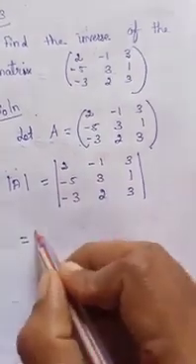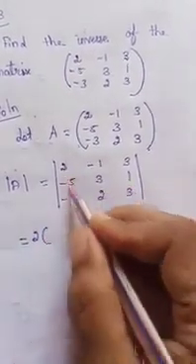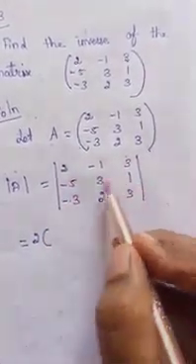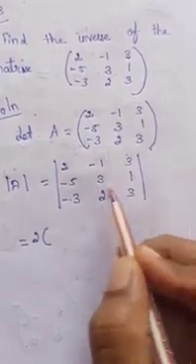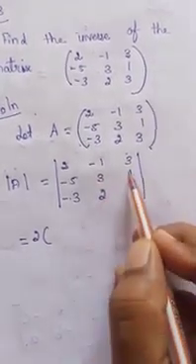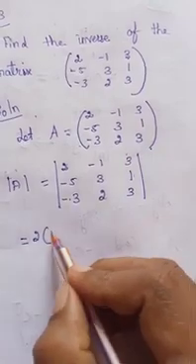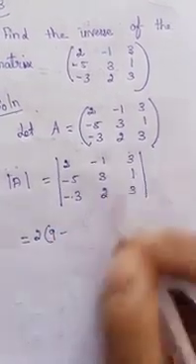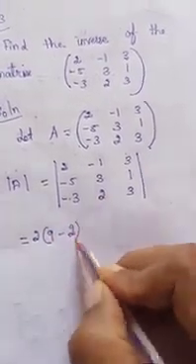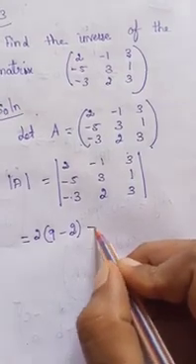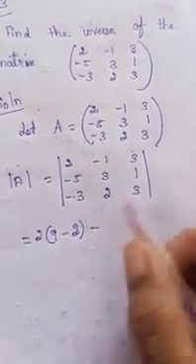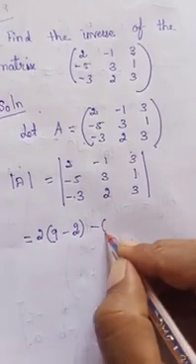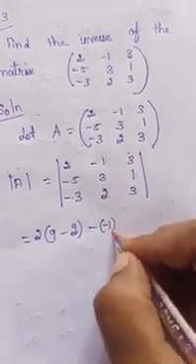First we write 2 into, leaving that row and column, the determinant of these 4 values: main diagonal minus the other diagonal. So 3 into 3 is 9, minus 2 into 1 is 2. For the second value we have to give the symbol minus. Check the number, there we have a minus, so we put it in brackets.